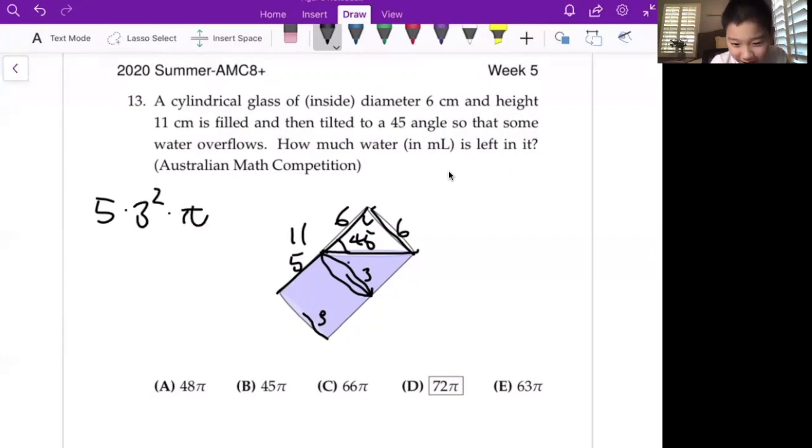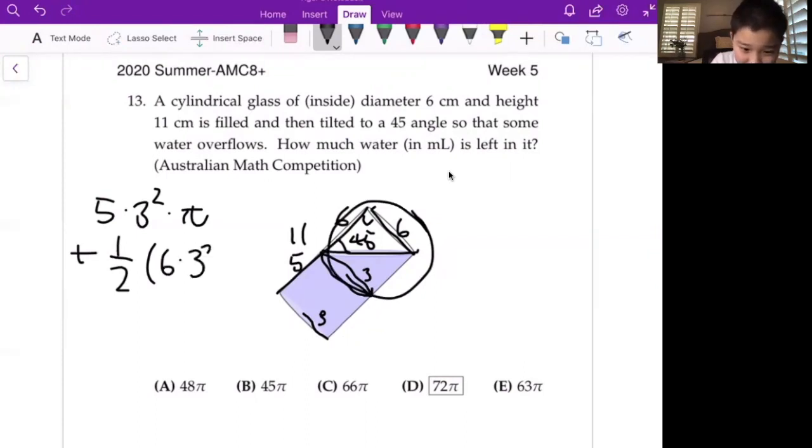We're calculating the lower part of it first. And then plus 1/2 of, remember the 1/2, the higher part of it. 6 times 3 squared pi.